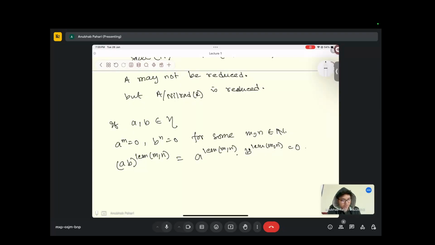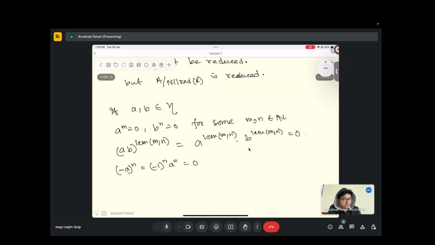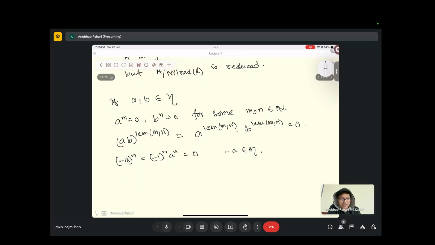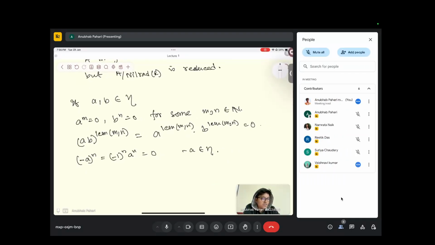And also for the negation, I mean, whether it is an abelian group or not, you can see that a to the power n equals 0, so minus a is also in the nilradical. But you need to show this closed under addition, right? Like a plus b. Yeah, I'm coming to that.